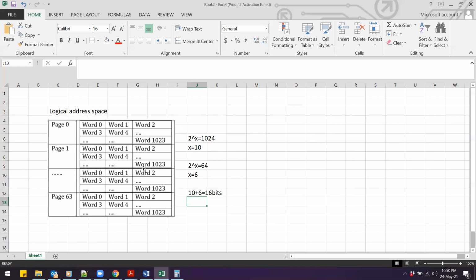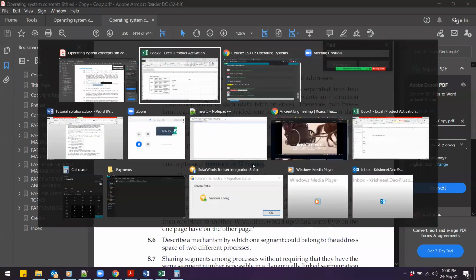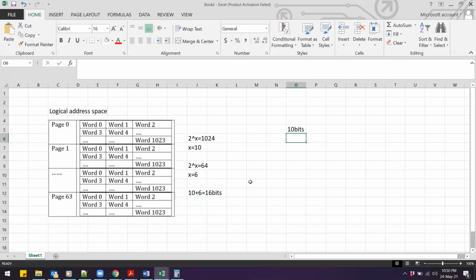Then the same goes for the physical memory. So in the physical memory, again, we'll have 10 bits for the words. And since there are 32 frames in the physical memory, how many bits do we need to represent 32? That is 5. X is 5.